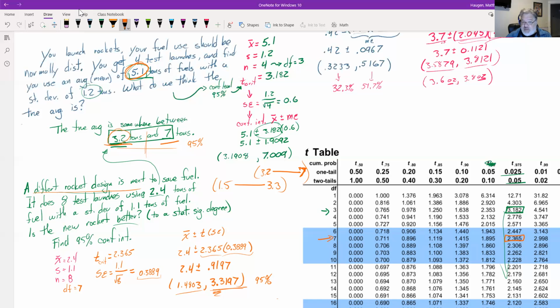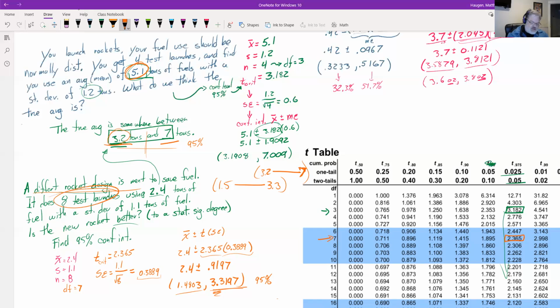If they think it is better, and I would look at this and say, gosh, it's probably better, but you haven't shown it, and the burden of proof was on you to show it. And so I'm not going to spend $4 billion retooling my factories to use your rocket design because it might not be better.